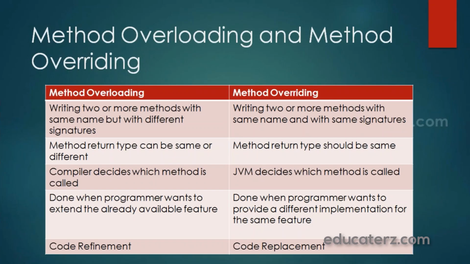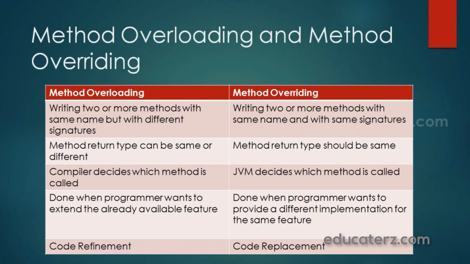For example, we have written an add method which adds two numbers. If I want to add three numbers, I simply write another method. That is, I'm extending the already available feature. Whereas overriding is done when the programmer wants to provide a different implementation for the same feature. That is, for the same calculate method, in the superclass we are calculating the square value, and in the subclass we calculate the square root value.